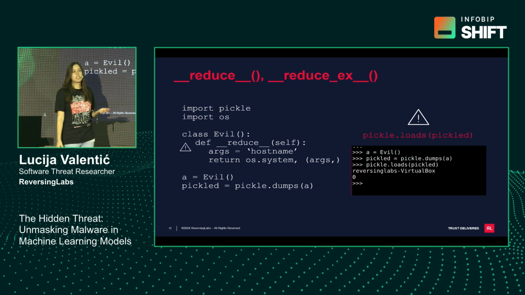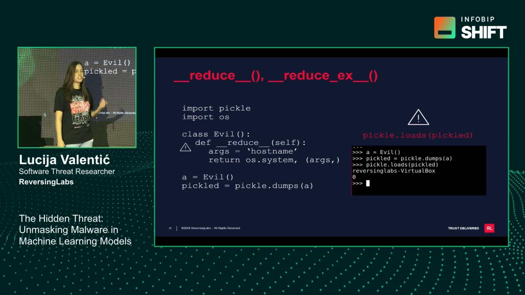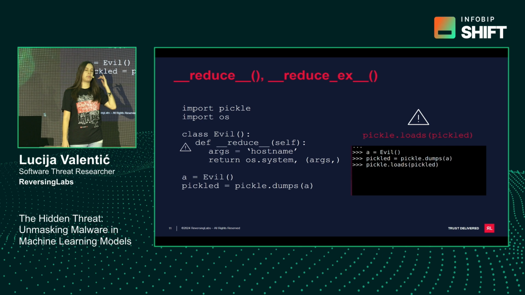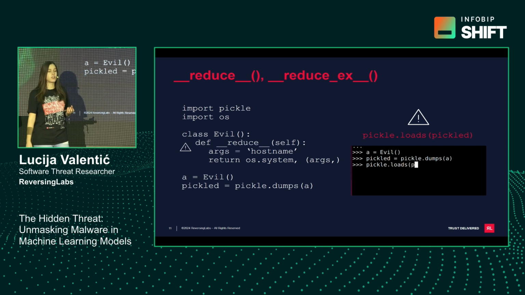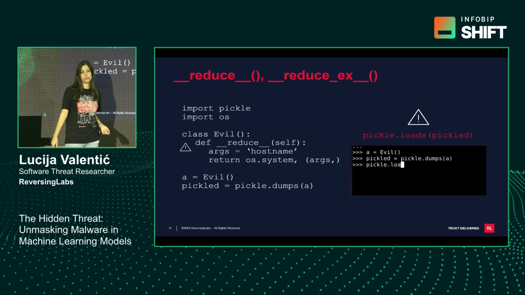Well, because we have overridden function reduce in a way that in the process of unpickling, it returns function os.system with argument hostname. And this is just a simple example, but it illustrates exactly how pickle isn't safe, how it can be used and abused to execute arbitrary code.